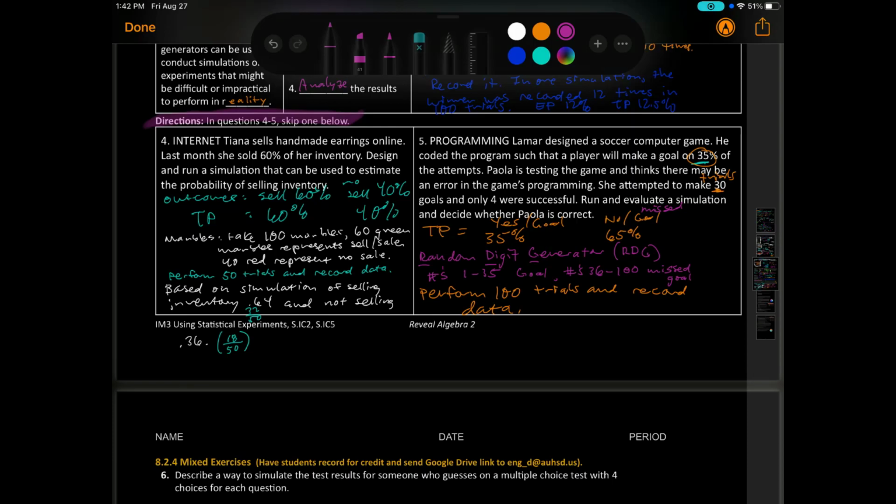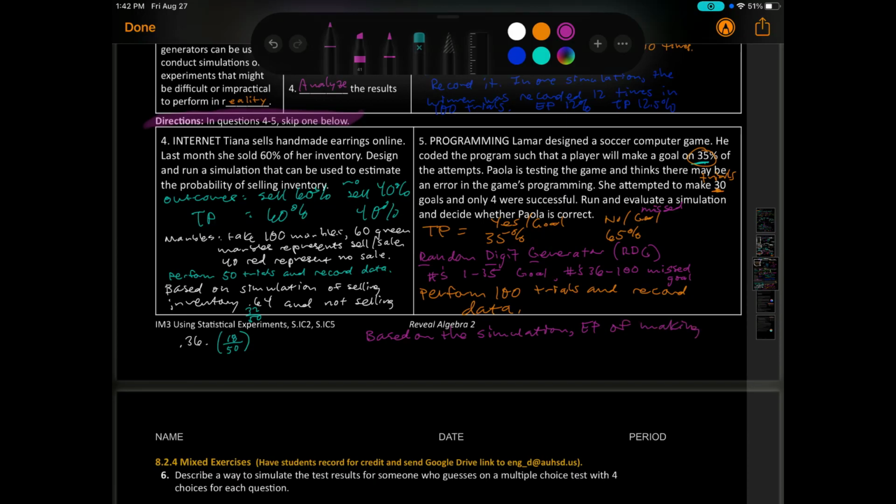So let's just say I do that and I calculate based on the simulation, the experimental probability of making a goal.